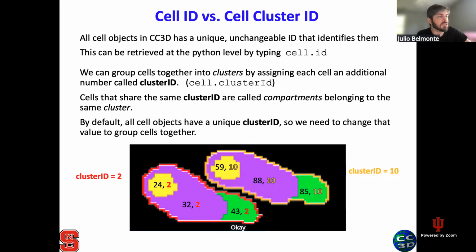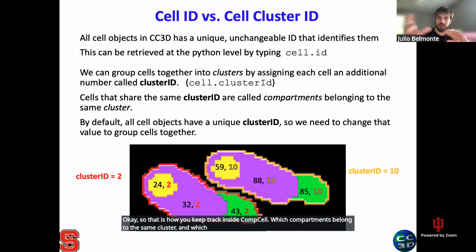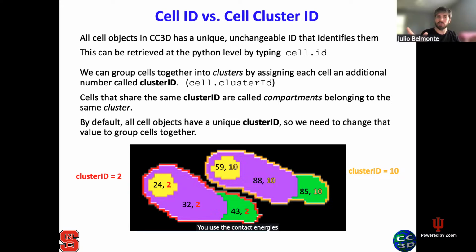So that is how you keep track inside CompuCell of which compartments belong to the same cluster and which compartment pairs belong to different clusters. You just check their cluster ID, and if they're different, you use the contact energies. If they're the same, then you use the internal contact energies.